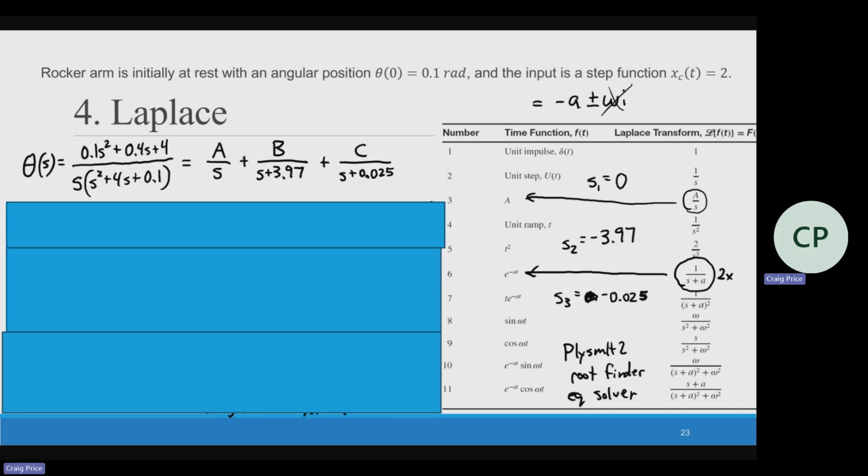Anybody find the roots? Well, I know one of them is 0. The other two. You found the other two?